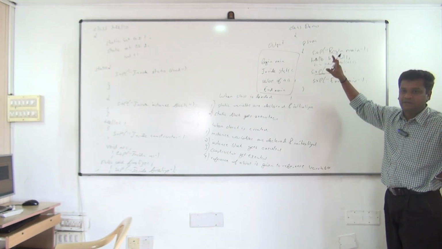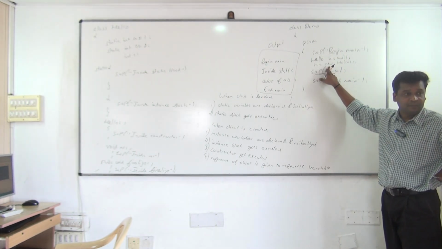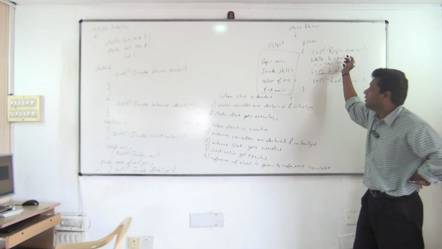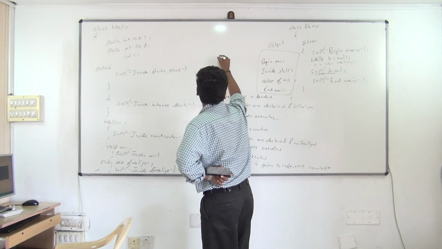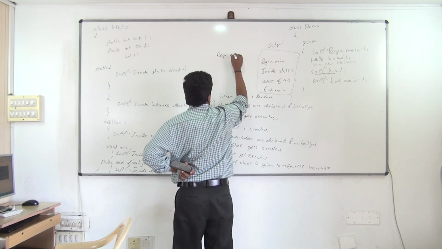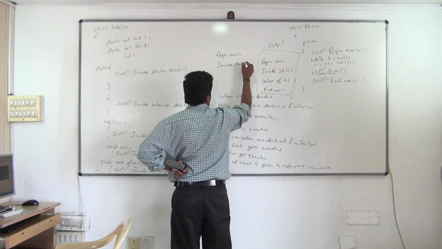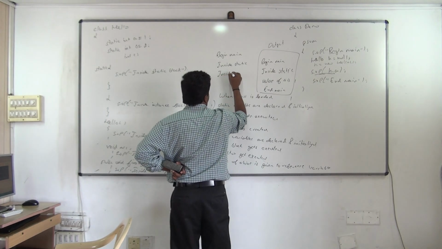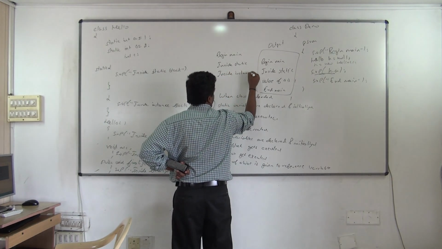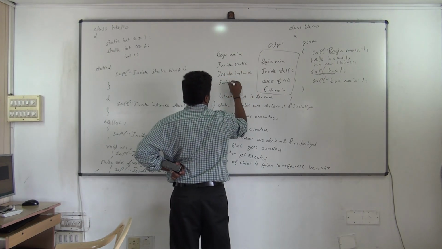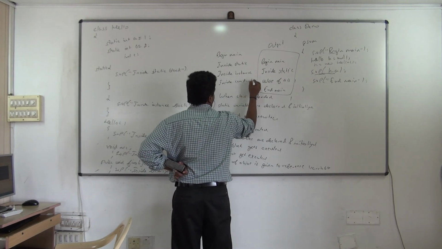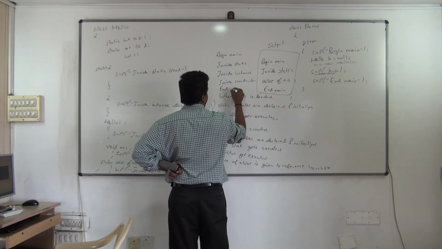That clearly shows that first static block. Begin main first. See the output for this now. If I add one line, begin main. Inside static. Then inside instance. Then inside constructor. And lastly, end main.